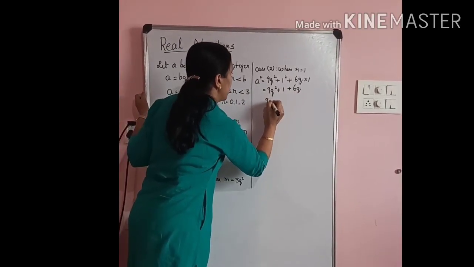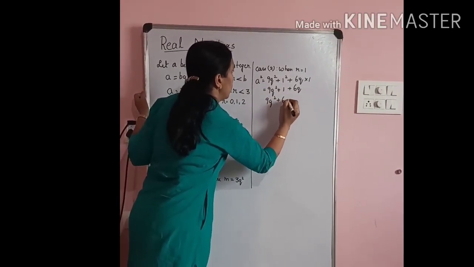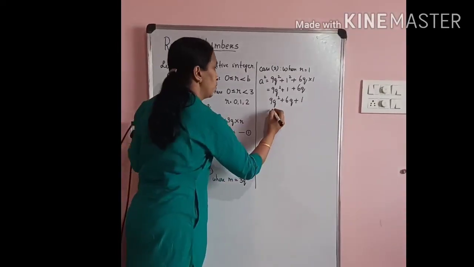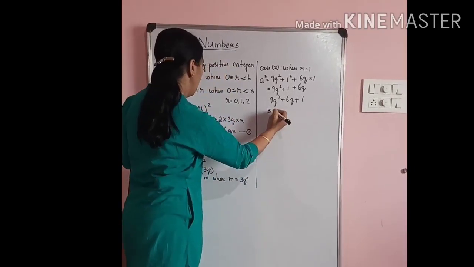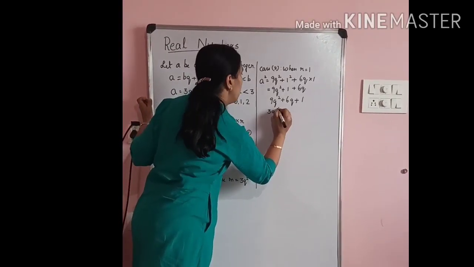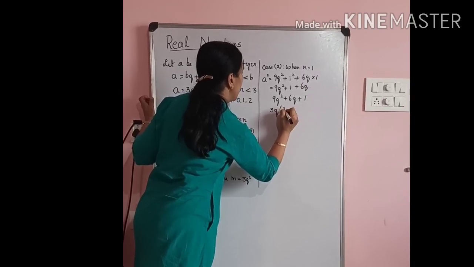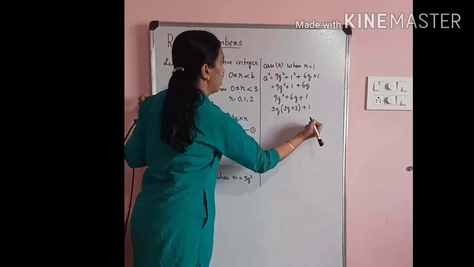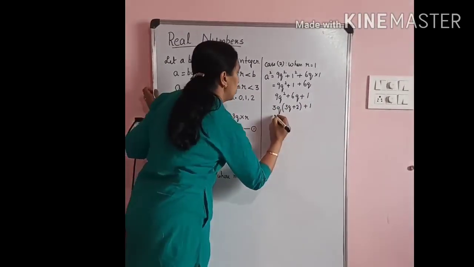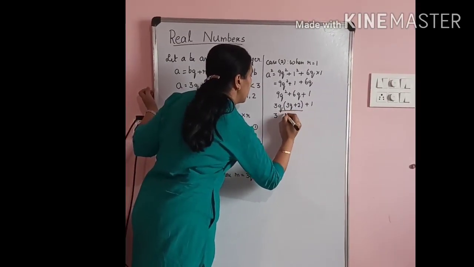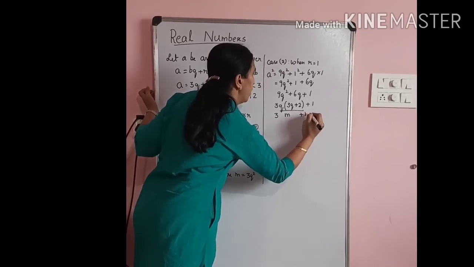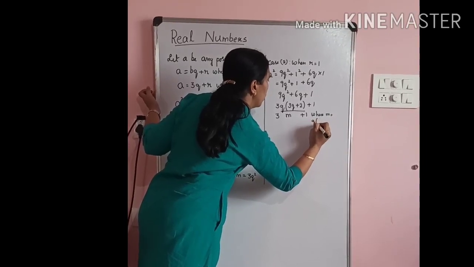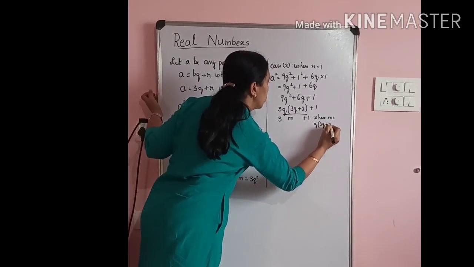So we will shift 6q plus 1. Among 9q square and 6q, we have 3q common. So 3q into 3q plus 2, plus 1. So this can be written as 3m plus 1, where m is equal to q into 3q plus 2.